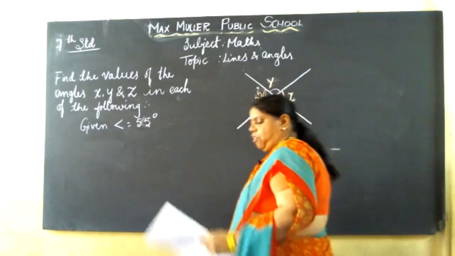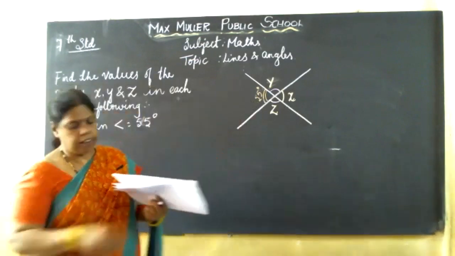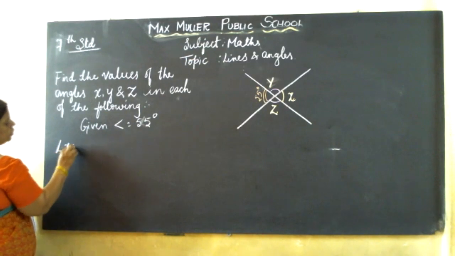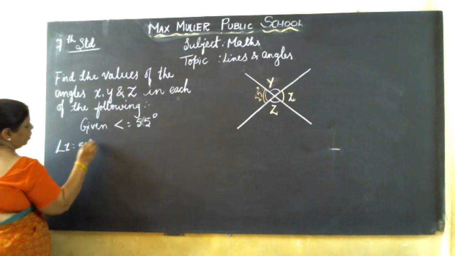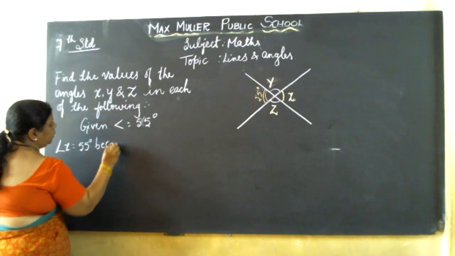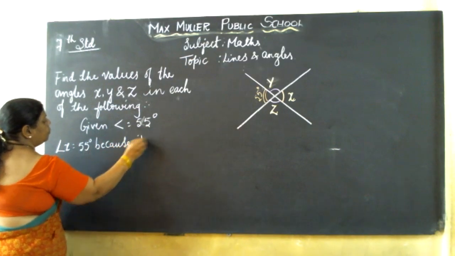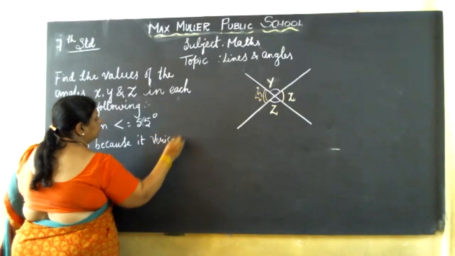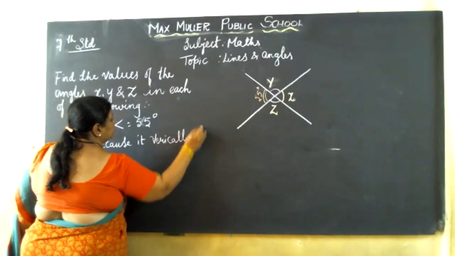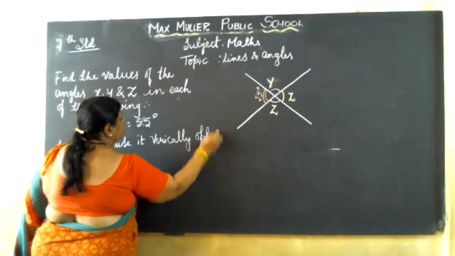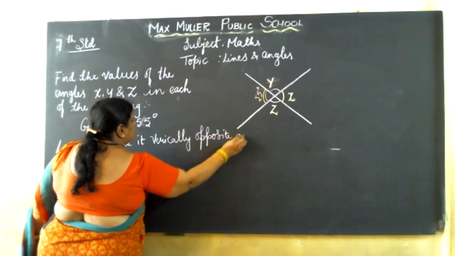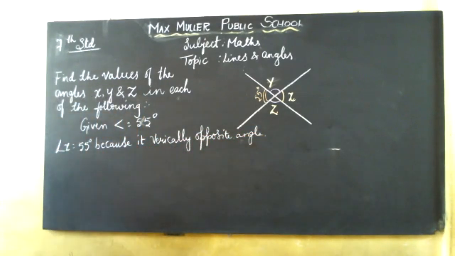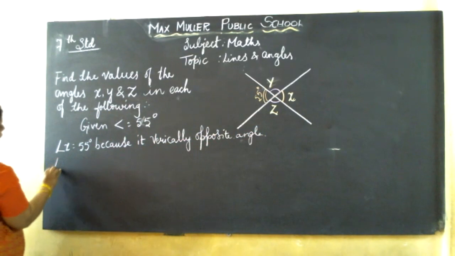The X value will also be 55 degree because it is vertically opposite angle. Okay, one X value I have found it. Now Y value.